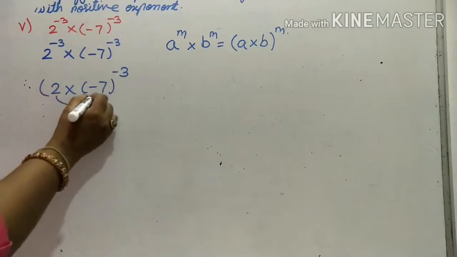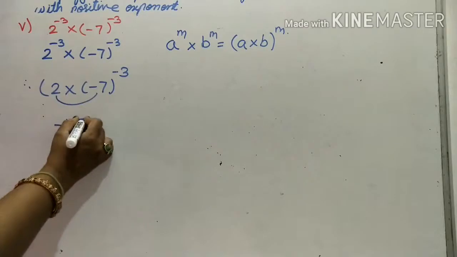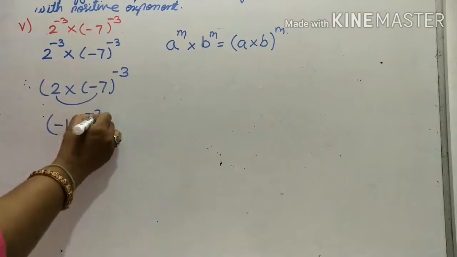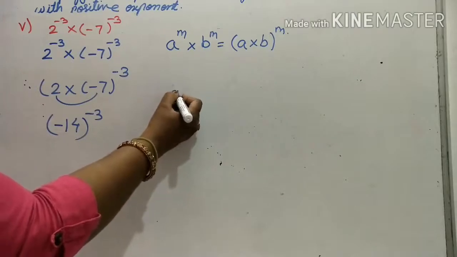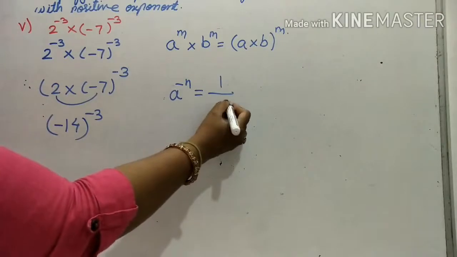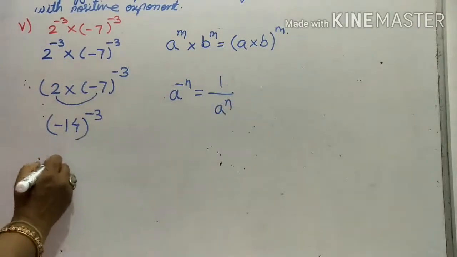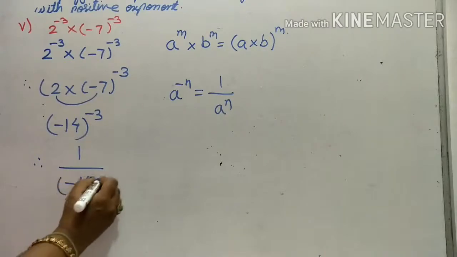Now multiply: 2 sevens are 14, plus into minus is minus, raised to minus 3. Now this negative will convert into positive using the law a raised to minus n is equal to 1 divided by a raised to n. Therefore the answer is 1 divided by minus 14 raised to 3.